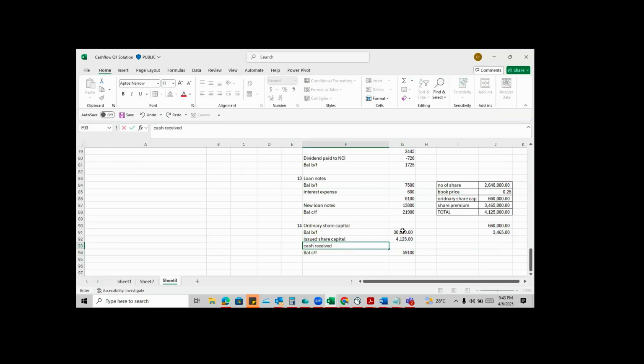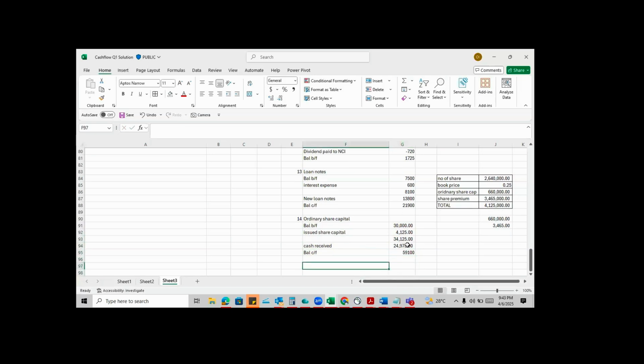It's not actually received because I don't know how to explain that. It was an exchange, must have been an exchange. Let me bring this down. We'll do this plus this. Now minus that from this. This is 24,975. All right. Now the share premium part.